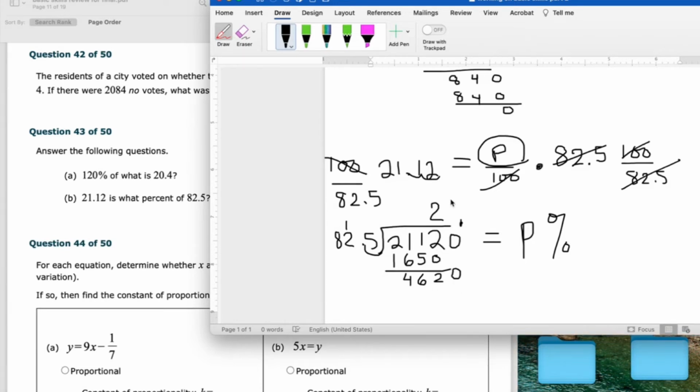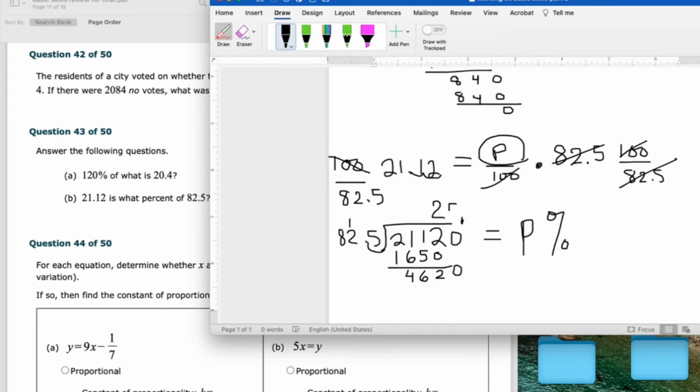Okay, so 825 into 4620, we'll say 8 into 46 would be 5 times. Let's see if 5 would work. Okay, 5 times 5 is 25. Carry the 2. 5 times 2 is 10, plus 2 is 12. Carry the 1. 5 times 8 is 40 plus 1 is 41.